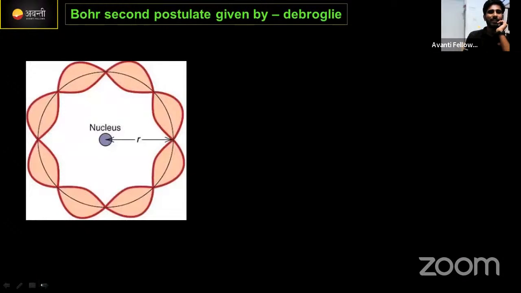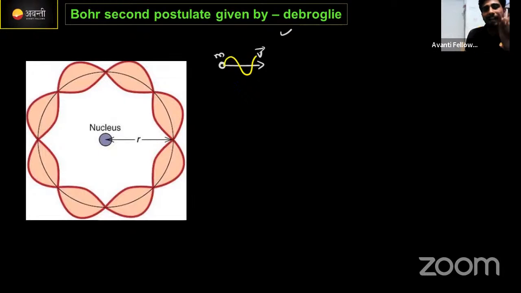Okay, clear. Next, we'll move to Bohr's second postulate. It is actually given by de Broglie. According to de Broglie, if a matter or particle having a mass m is moving with a velocity v, then a wave is associated with it.